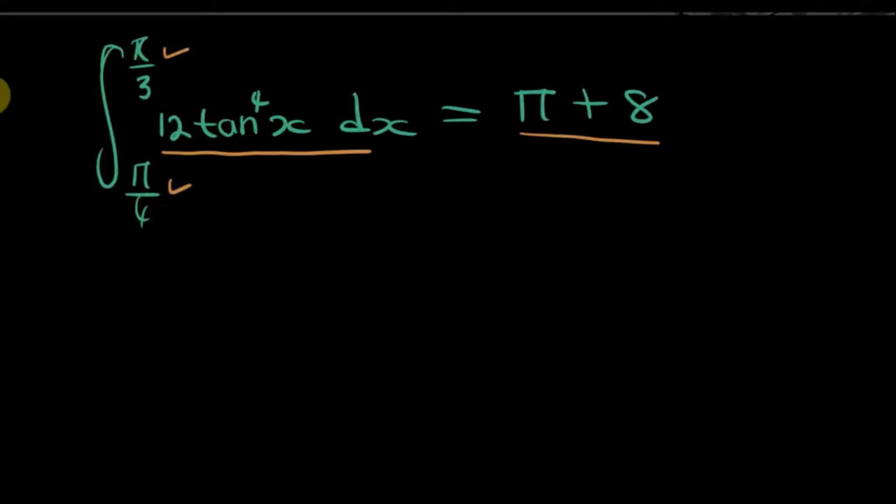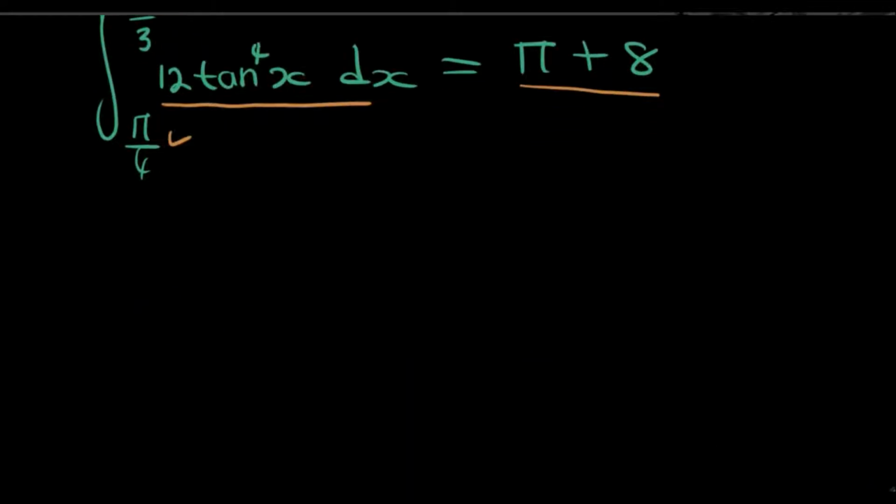So start with green. Okay, starting off, we'll factor out a 2 from the integral. We'll take the 2 out, put it outside the integral sign because it's a constant. Pi over 4, pi over 3, I'm just rewriting that as it was initially.